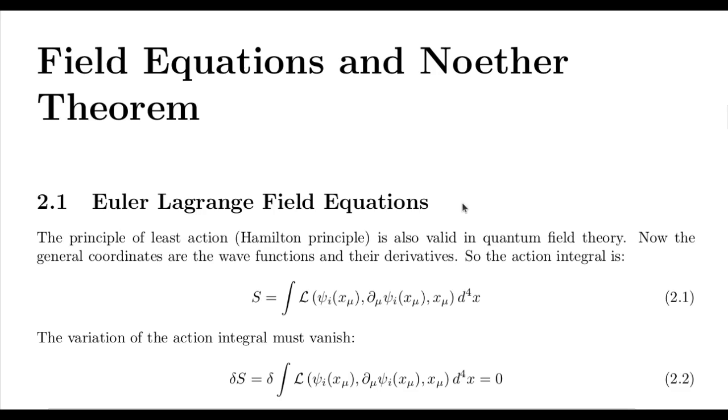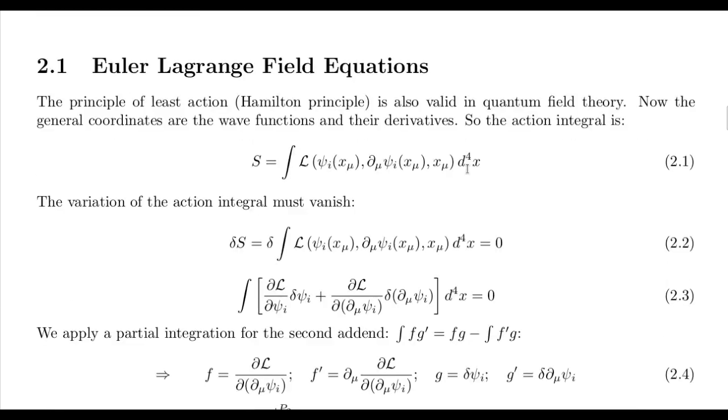The Euler-Lagrange field equations are derived in analogy to the Euler-Lagrange equations of motion in classical mechanics. The principle of least action is realized everywhere in nature, also in quantum mechanics, in the microcosmos. So we write now for a generalized action integral the following: 2.1.